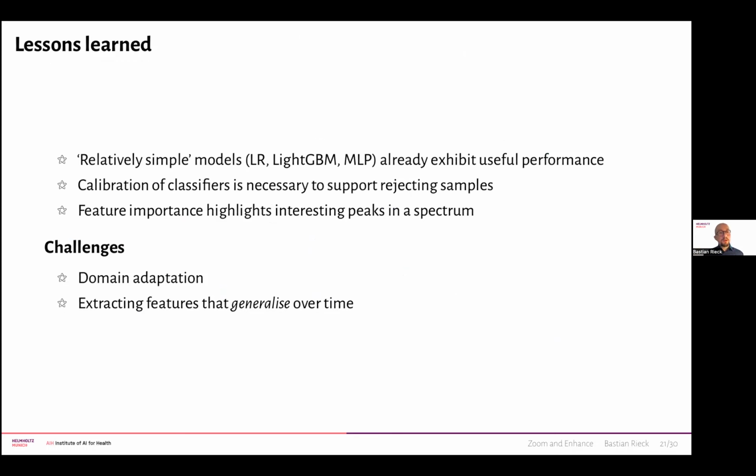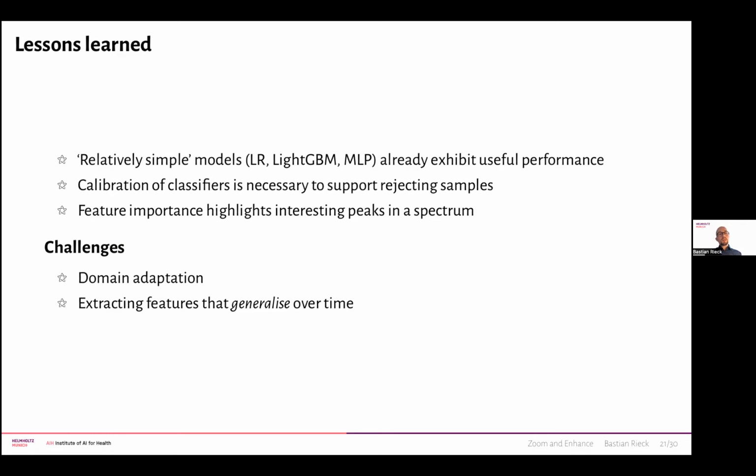Here are some lessons learned for this project. Namely, we were surprised and happy to see that relatively simple models, such as a logistic regression, LightGBM and of course a multi-layer perceptron, so we're not talking about deep convolutional networks or autoencoders or something like that, already exhibit useful performance.